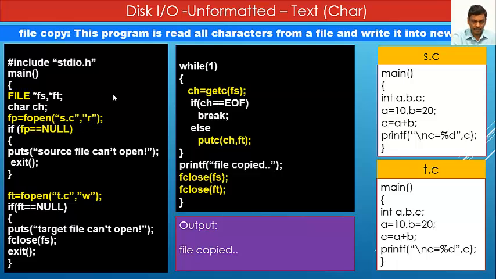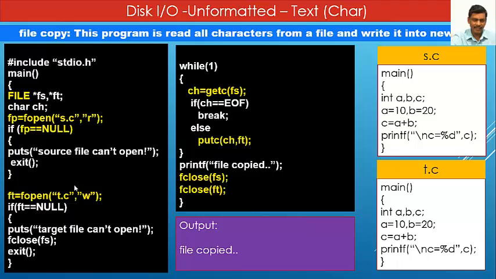If the s.c file has opened, that address is stored in fp. That address is not equal to null, so the condition is false. Then it opens another file in write mode. That file name is t.c. As per our example, s.c is already available and t.c is a new file. So that new file is opened in write mode.